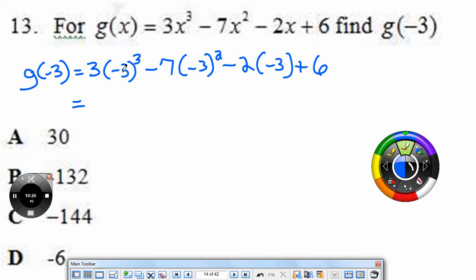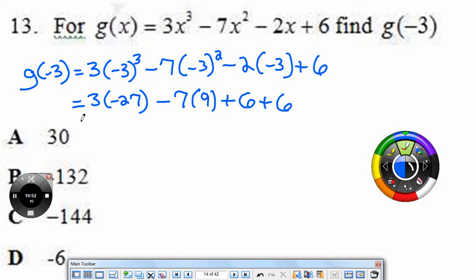So it's negative 3 cubed, which is negative 3 times negative 3 times negative 3, so this is going to turn out to be negative 27. Minus 7, and then this is negative 3 squared, which is negative 3 times negative 3, which is 9. And then this is a negative and a negative, so this is going to be a plus 6, and then plus your 6 here.